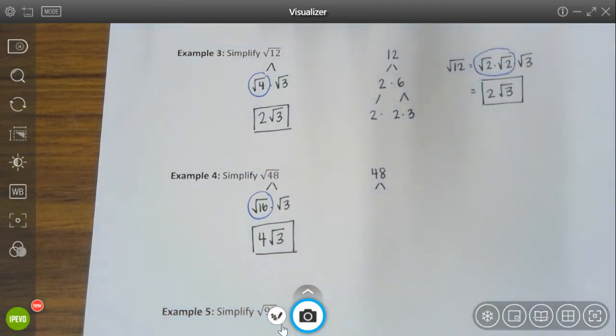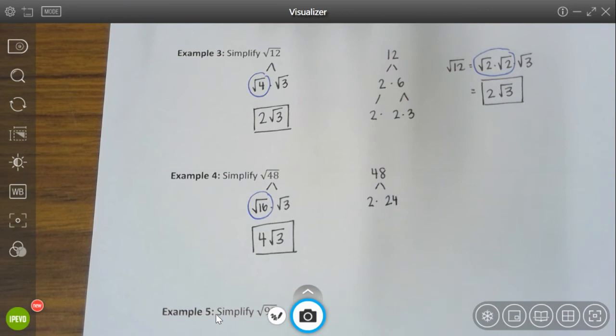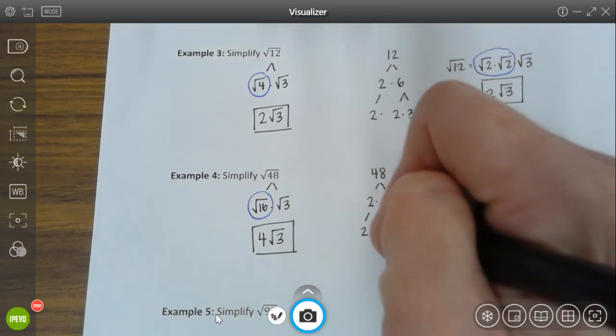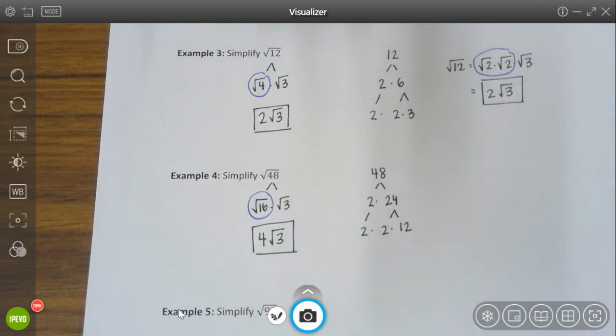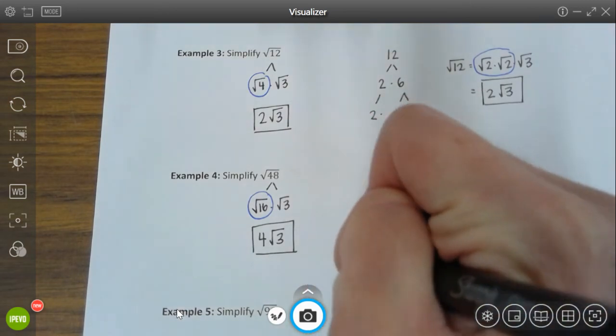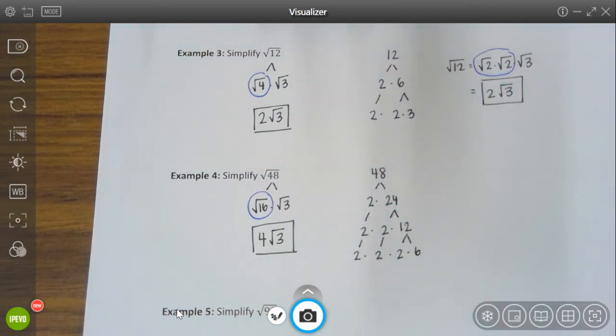If I use my factor tree, I know that's going to be 2 times 24. I can break down my 24 a little bit more. So 2 times 12. I can still break this down, so I'll just pull down these 2's on the outside. I can write that as 2 times 6.